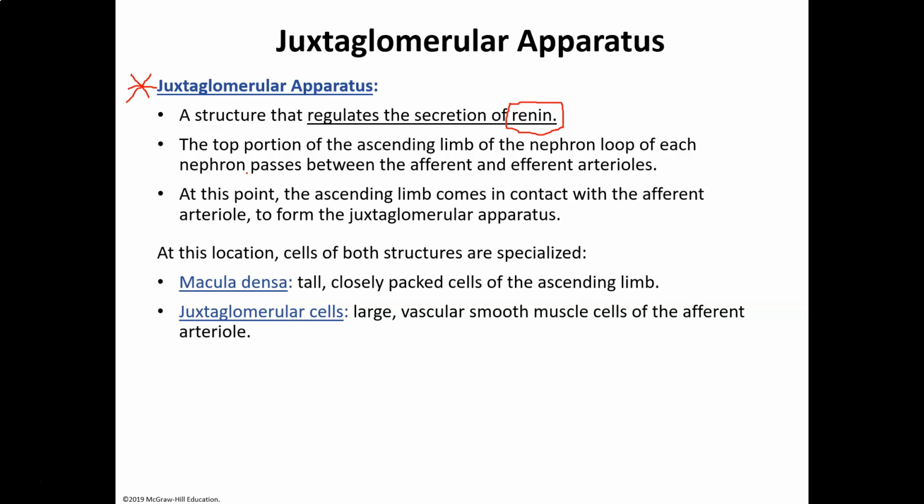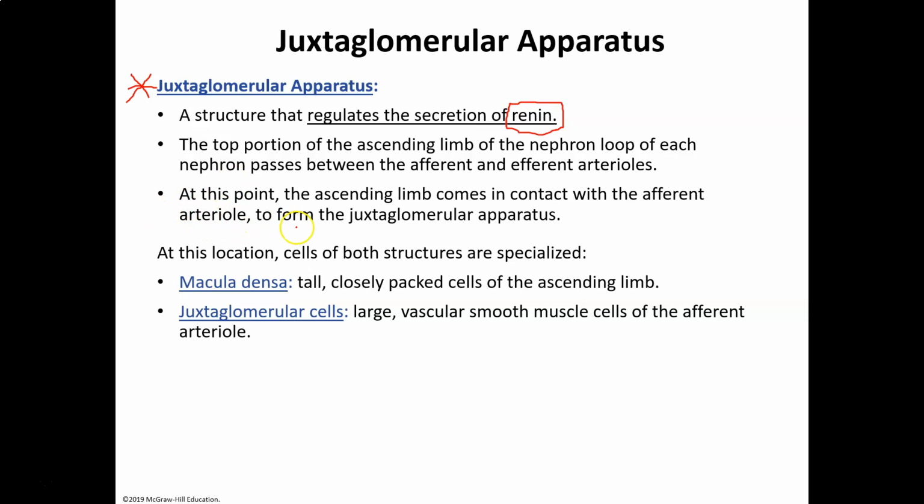But it also has to regulate blood pressure throughout the body. And that's what the juxtaglomerular apparatus, ugh, I hate these words, is all about. It's a structure that regulates the secretion of renin. Renin is the hormone. The top portion of the ascending limb of the nephron loop of each nephron passes between the afferent and efferent arterioles.